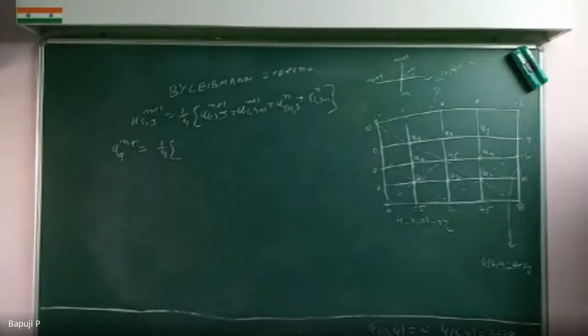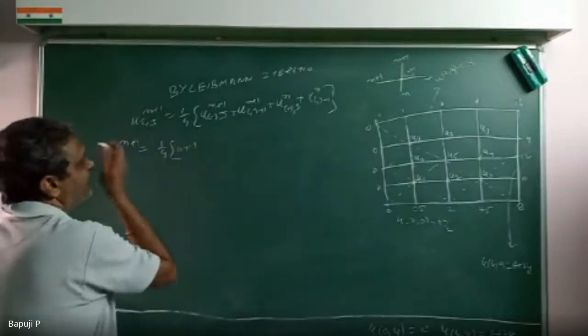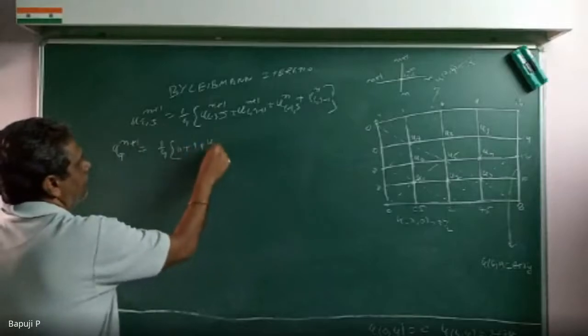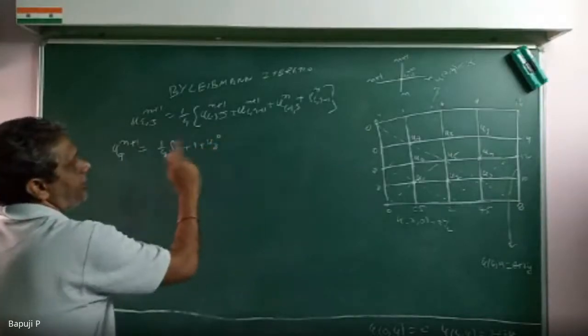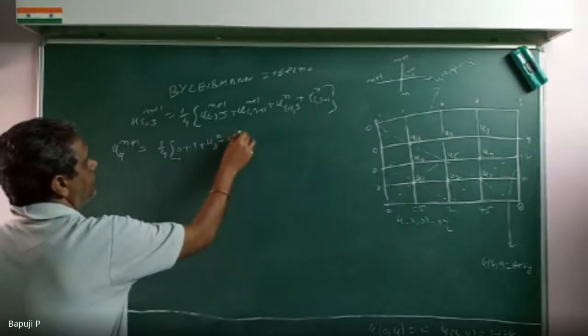U9 of n plus 1 is equal to 1. U8 of 0 I know.